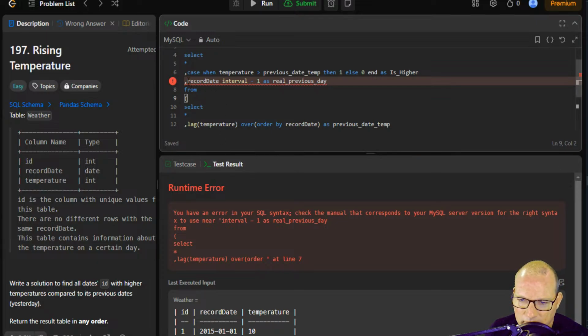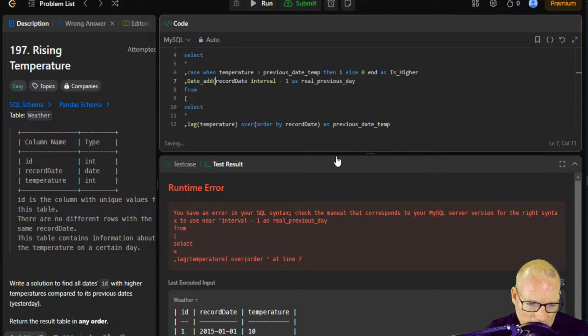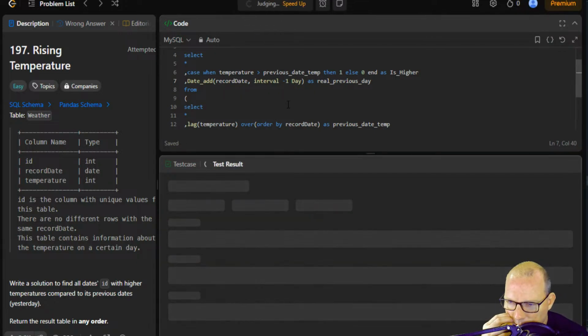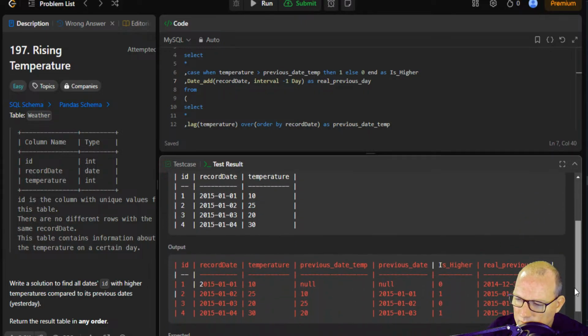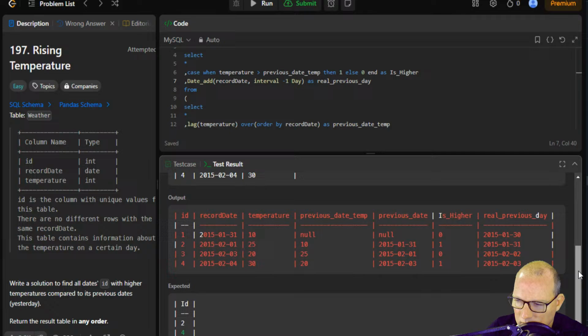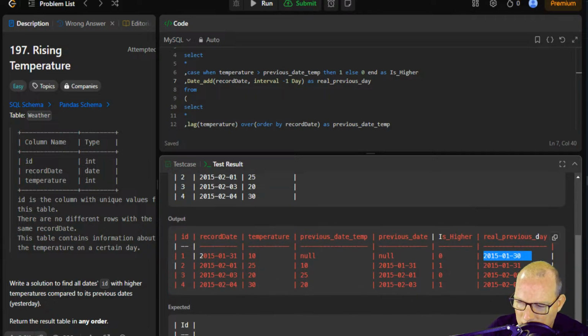Oh, add date. That's right. -1 day. All right, because now what I want to do, and then we'll go and do Kratos's.